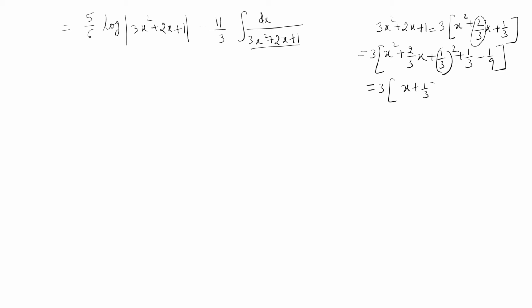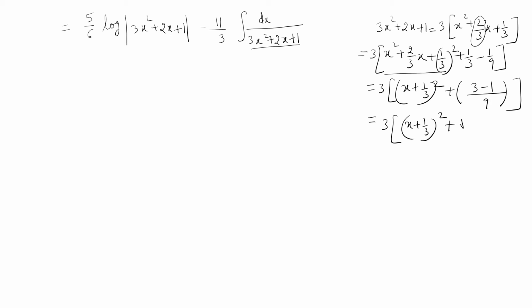This makes a complete square, and by taking LCM I'll get it as 2 by 9. So it is 3 times x plus 1 by 3 whole square plus 2 by 9, that makes root 2 by 3 whole square. Right, so this quadratic has now changed to perfect square form.